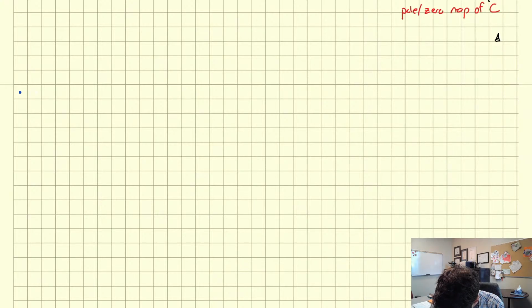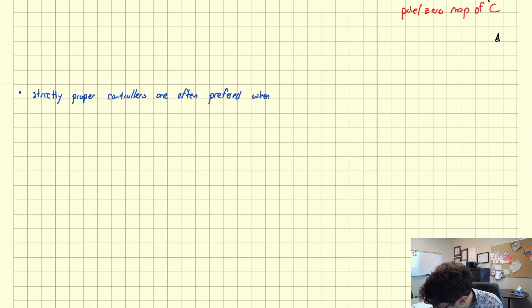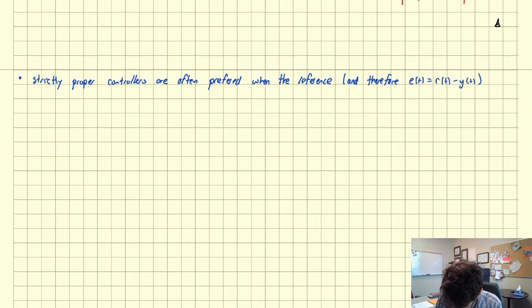So strictly proper controllers are often preferred when the reference, and therefore the tracking error, is discontinuous.